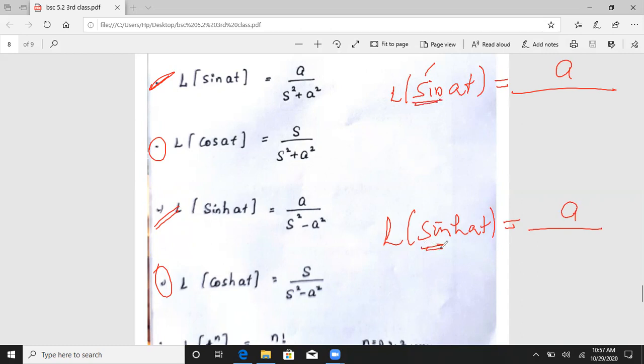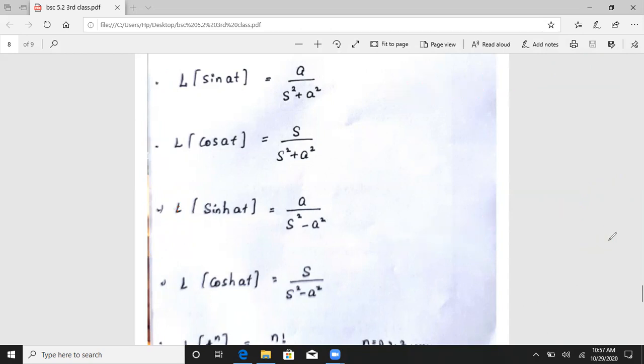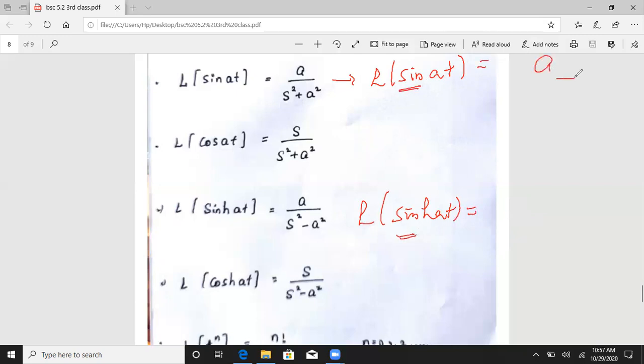Wherever we get sine here, the resultant numerator is a. Once again, simply: Laplace transformation of sin(at) and Laplace transformation of sinh(at), whenever we get sine, we get a divided by.